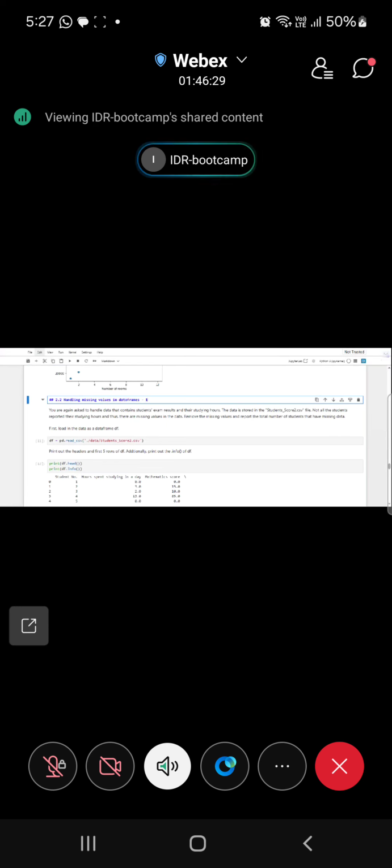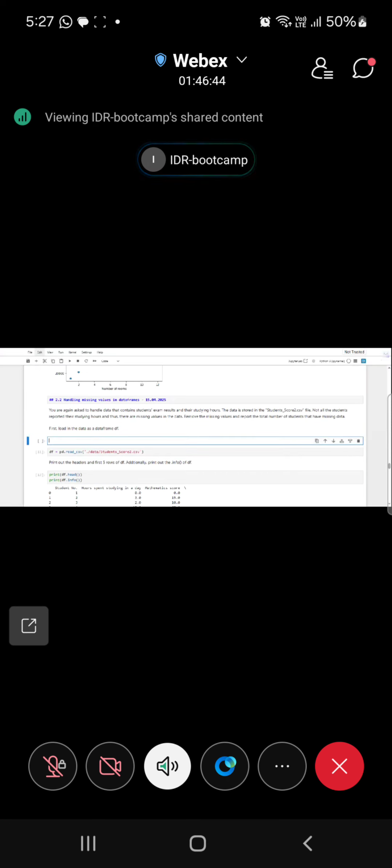Let's say you put it like this, 15.20, so you know this is the work you did on this day. This is how you organize yourself. And then, before you perform this, you will first have to import pandas as pd.